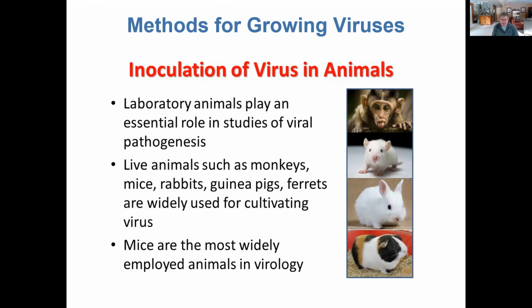And this is not without its controversy, because nobody likes to see a cute little guinea pig or a rabbit or primate of some sort in a laboratory suffering the ill effects of having been injected with a particular virus that we want to learn more about, because we're concerned about how it's going to impact us. So we use animals because they're much closer in biology than, say, even a bird embryo might be.